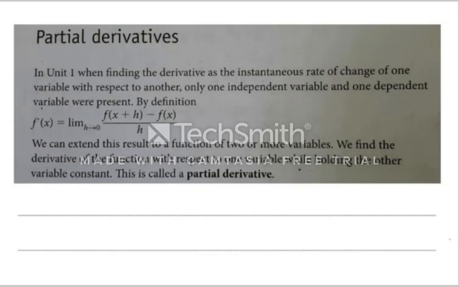By definition, f prime x, the first derivative of the function f of x, is equal to the limit as h approaches 0 of f of x plus h minus f of x over h. We can extend this result to a function of two or more variables. We find the derivative of the function with respect to one variable while holding the other variable constant. This is called partial derivative.